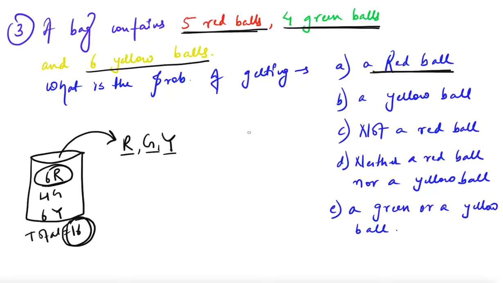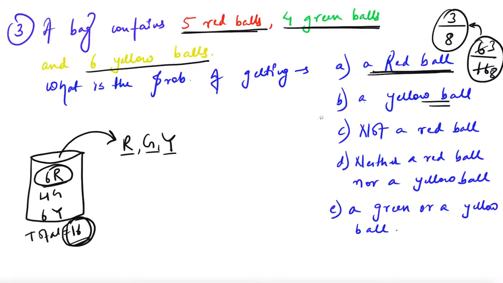So what is the probability of getting a red ball? 6 out of 16, because there are 6 such cases in which this condition will be satisfied, that you will get a red ball out of these 16 cases. So the probability of getting a red ball will be 6 by 16, which is nothing but equal to 3 by 8. Okay, this is simplification. 2 3s are 6 and 2 8s are 16, so 3 by 8.